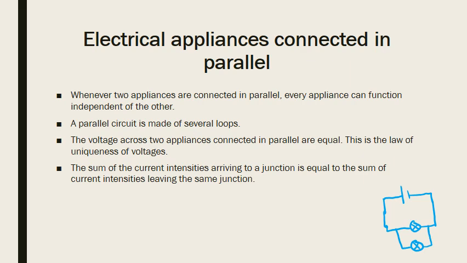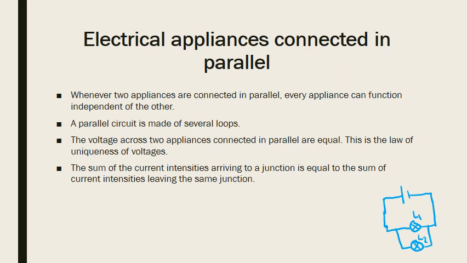These are connected in parallel. Every appliance can function independently of each other. This means if lamp L1 switches off, L2 will stay on, and vice versa. So if L2 switches off, L1 will keep on going. This is opposite to lamps connected in series.